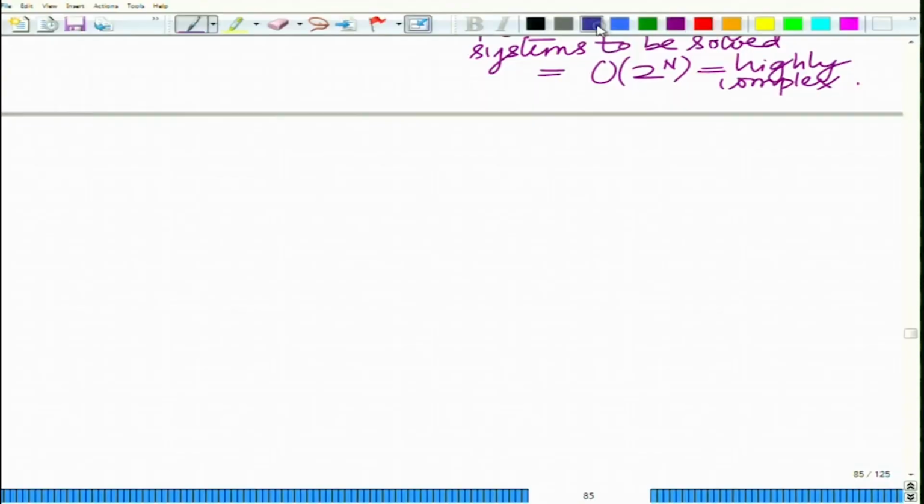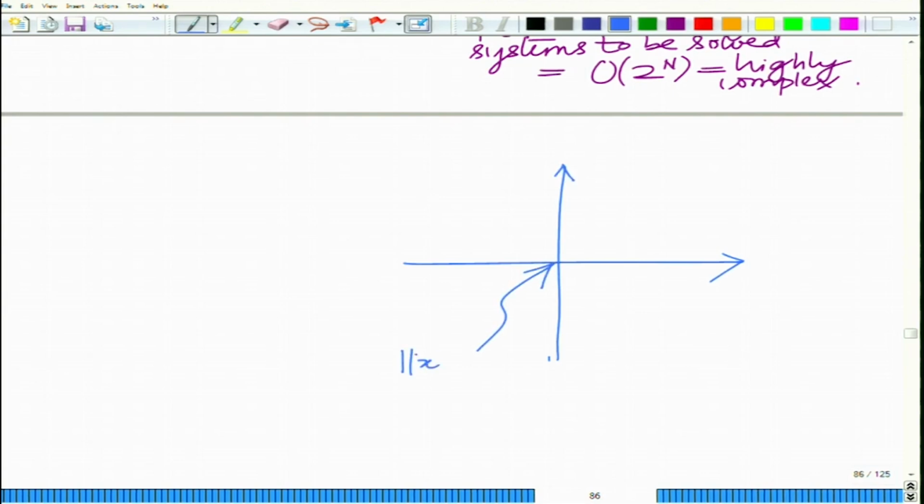Now, what is the L0 norm? If you look at a two dimensional plane, the one point, the origin, has L0 norm equal to 0.